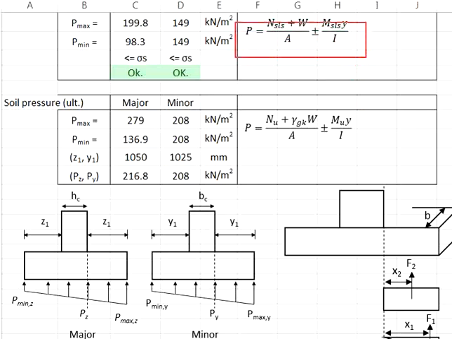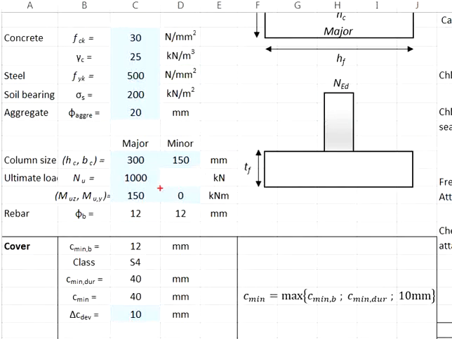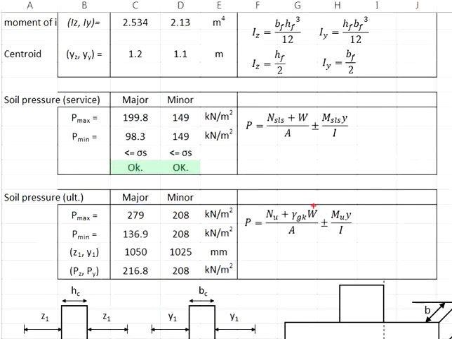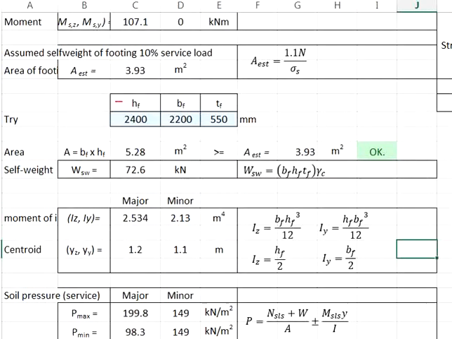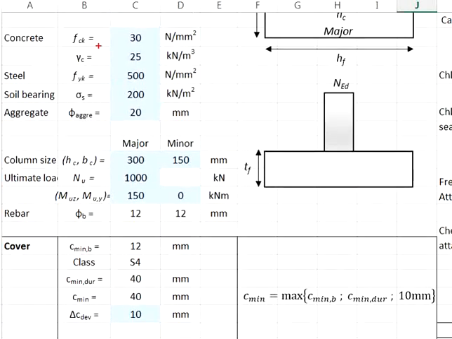We will use the same equations to determine the soil pressure, except that now the loading will be based on the ultimate loads. This includes the ultimate axial load, which is given in this question as 1000 kN. And then the self-weight, which is calculated from the proposed size of the pad footing. Use the volume, multiply by the unit weight, which is 25 kN per meter cube.